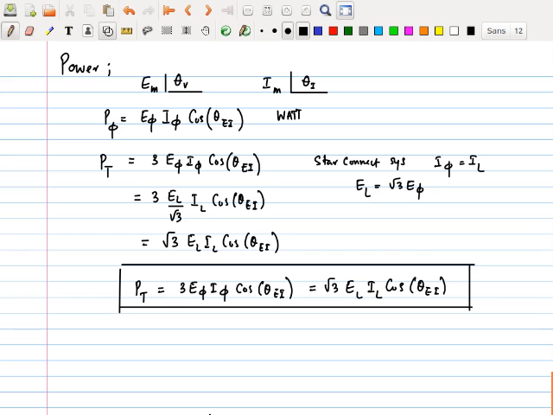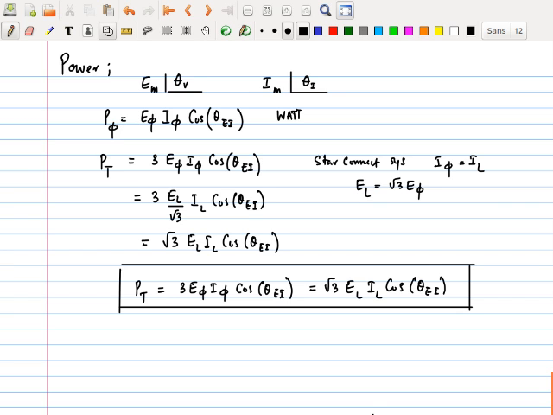So if somebody hands you only the voltage or the phases, I use the first part of the equation. But if somebody gives you the line voltages, I use the second part of the equation. Both answers I'm going to show you at one point in time are the same. Both answers will be the same.